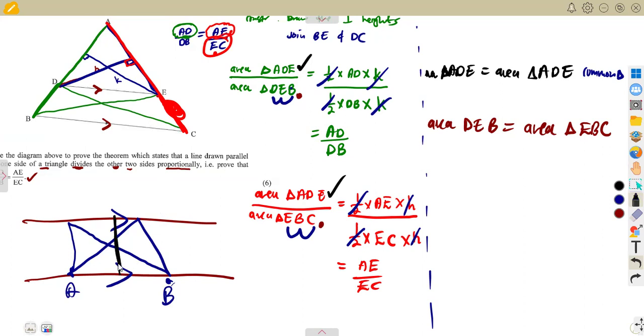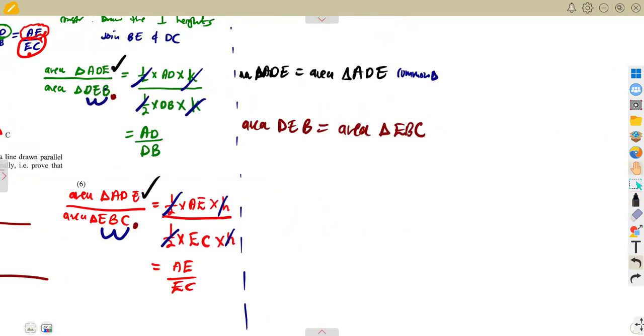This height within here is the same for both, as long as they are within parallel lines. The height there will be the same. So this is the major reason that you're going to put there to say they are from the same base, and not just the same base, it is also the same height.